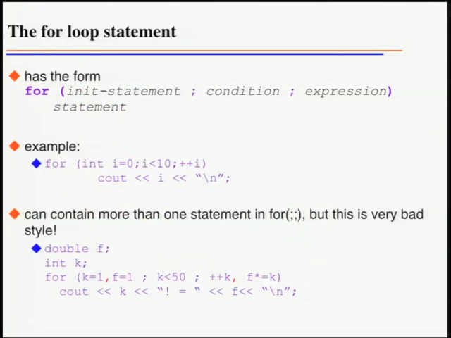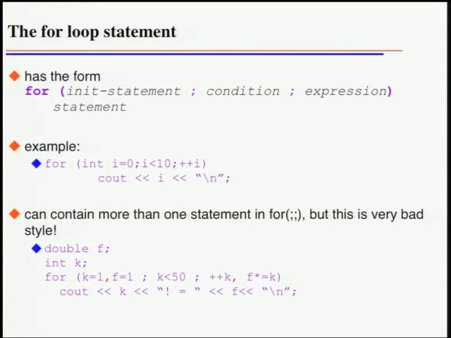There's looping constructs. First, there's the for loop, which contains an initialization statement, the loop condition, and an expression which typically is the loop increment, and then the body of the loop. So here's a simple example.